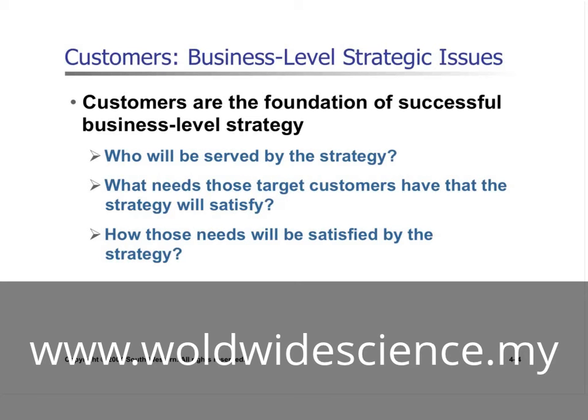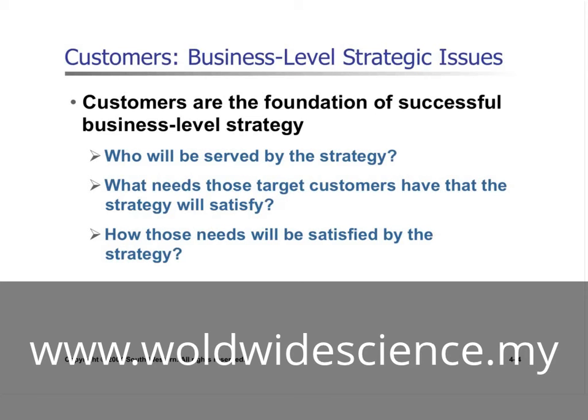And when you find the answer to that, it's going to be easy to find the next question's answer, which is what needs those target customers have that the strategy will satisfy. For sure, customers are going to be a certain number of customers in the market. They could be adults or teenagers or certain age levels.